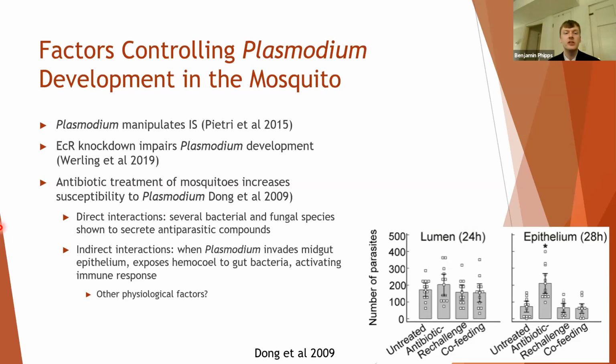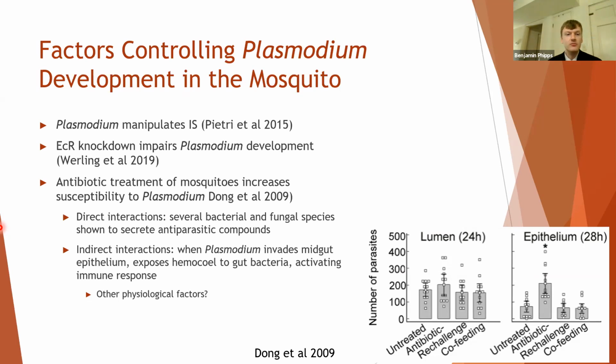And so it's been demonstrated that Plasmodium manipulates insulin signaling, and also that if these vitellogenic processes are disrupted by ecdysone receptor knockdown, this impairs Plasmodium development.